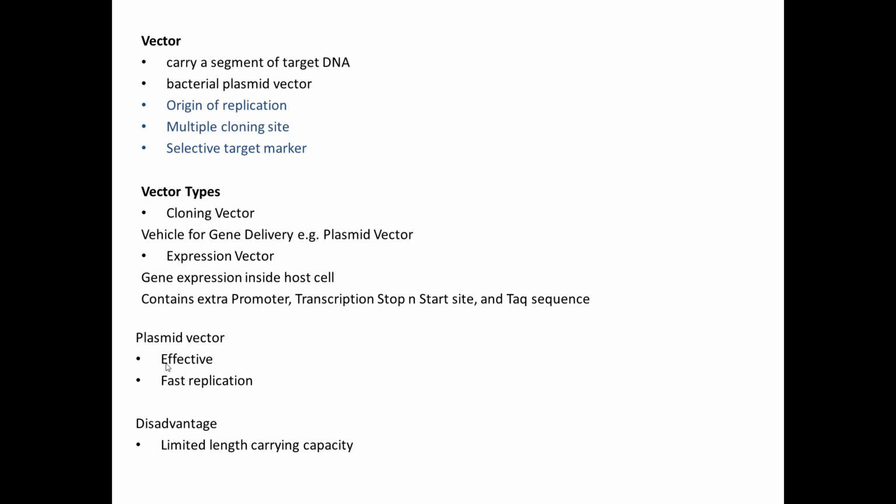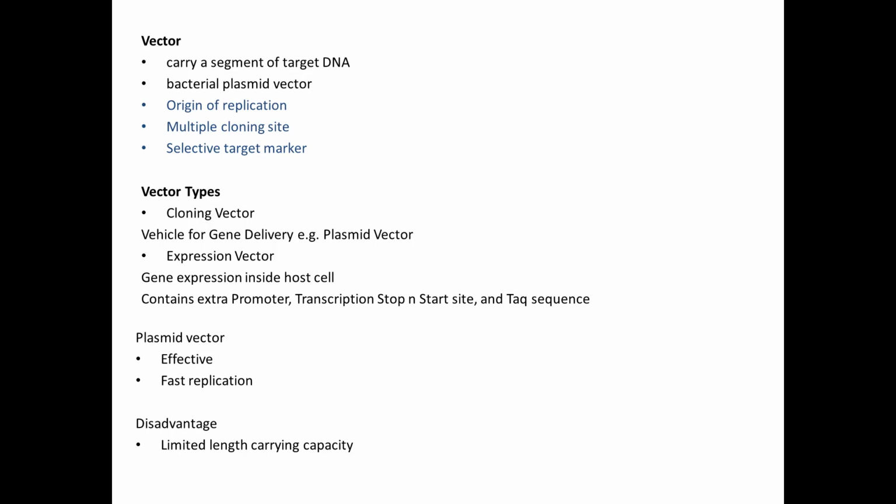The disadvantage of this plasmid vector is its limited length carrying capacity. Not all host cells can get the same type of vector. Each host cell has the capacity to acquire a specific length of DNA only, and the plasmid vector can carry only a limited length of DNA.